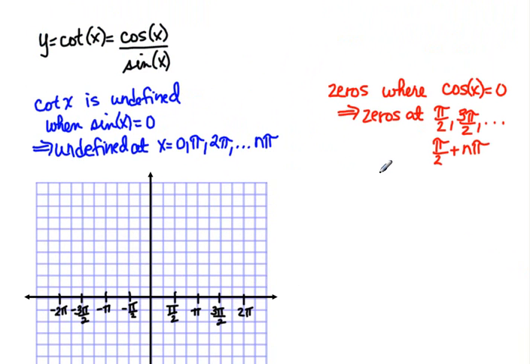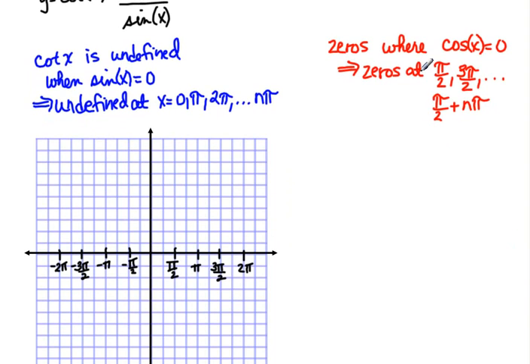Now to look at the graph of cotangent, which is cosine over sine, cotangent is undefined now when sine is 0, and so that's going to be at 0, pi, 2 pi, basically all multiples of pi. The zeros come from where cosine x is equal to 0, and that's going to be at pi over 2, 3 pi over 2, and so on. So we're talking about odd multiples of pi over 2.